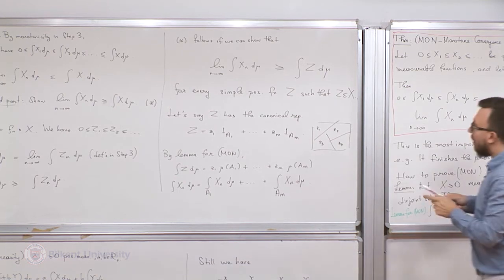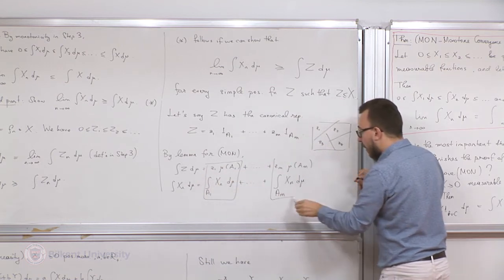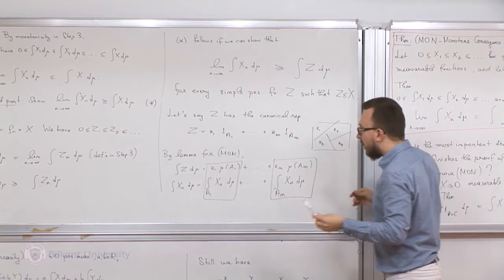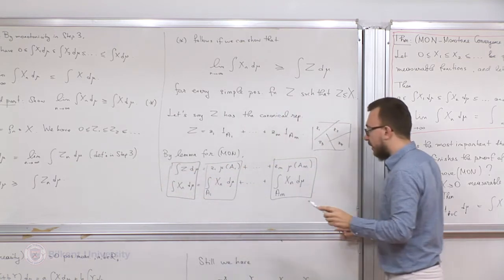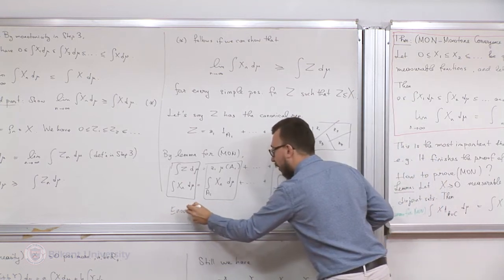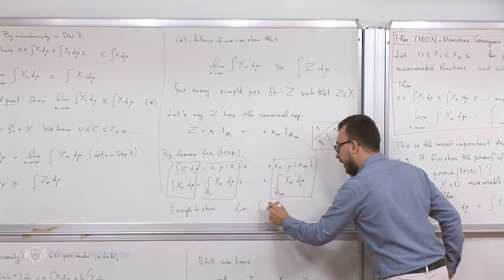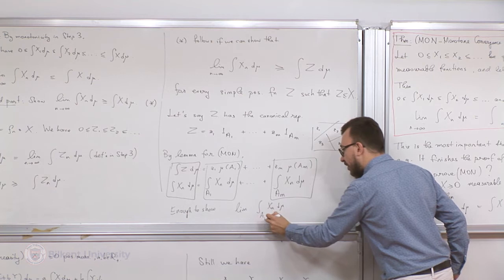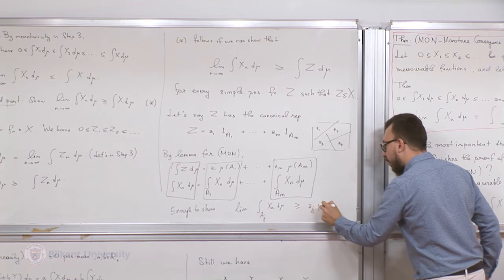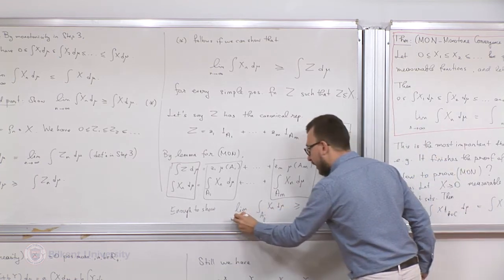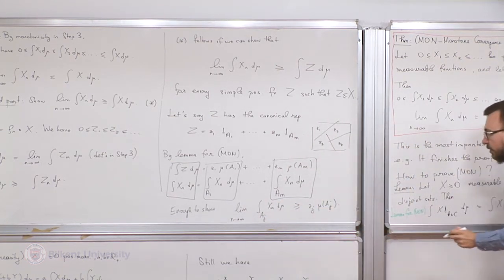So if we can compare them set by set, like this, then we can also add those inequalities and get an inequality for the whole integral. So it is enough to show the limit of the integrals of xn's over Aj is greater than or equal to Zj μ(Aj) as n goes to infinity. So this we need to show for all j.